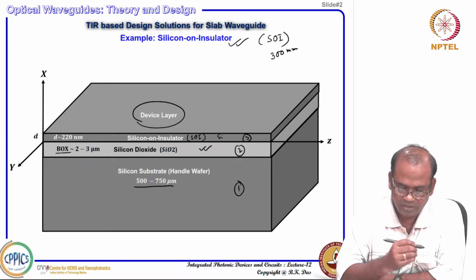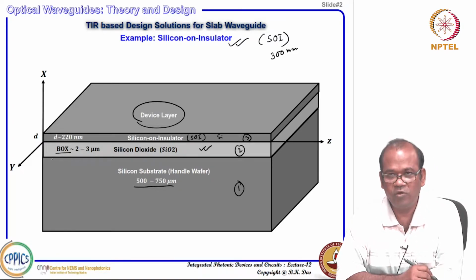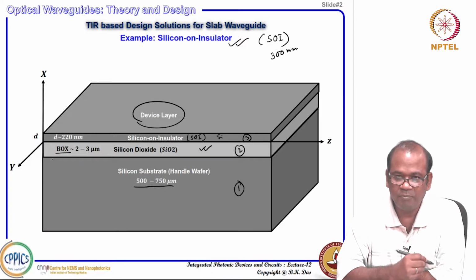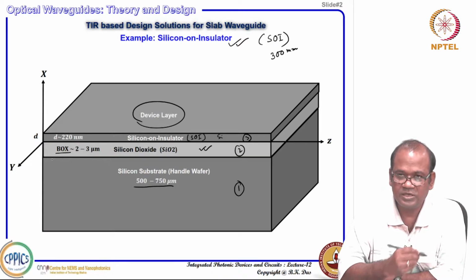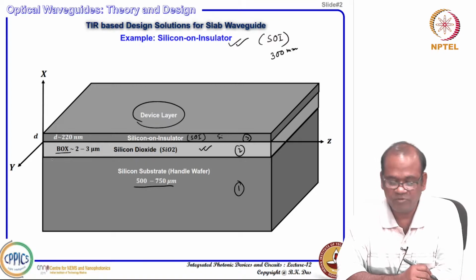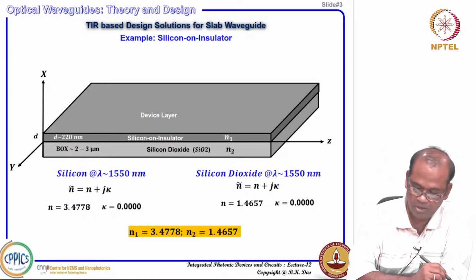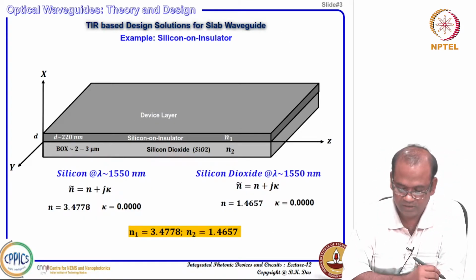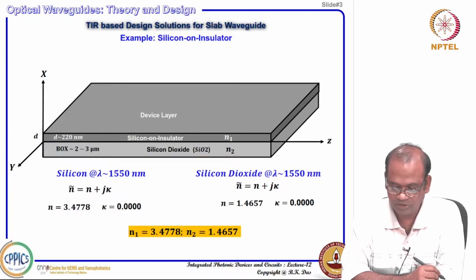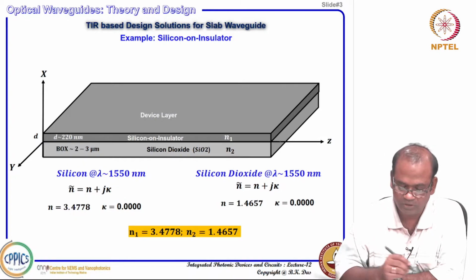Fine. So this type of SOI sample I will be considering while discussing the design aspects of a slab waveguide. Since the substrate handle wafer is not useful for guiding purposes, I removed it in this picture.